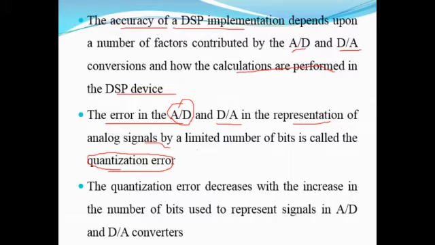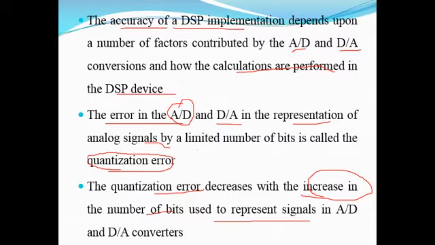The quantization error will decrease with an increase in the number of bits. So what I have to consider is, if I want to decrease the quantization error which exists during the process, I have to represent the signal with an increased number of bits used in the A to D or D to A converter.